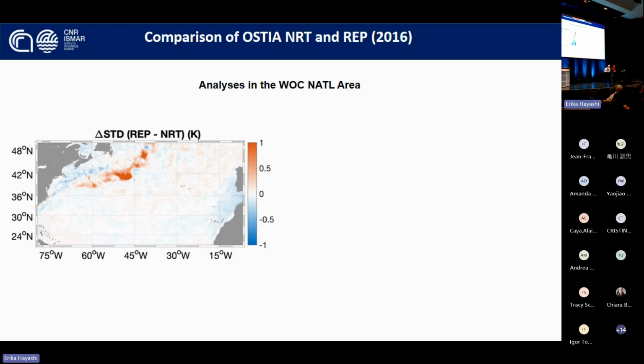Here, I present the temporal variability, as a difference of the temporal standard deviation between the two level 4 SSTs, and you can recognize a much larger signal in correspondence of an active dynamical area, again, at the axis of the Gulf Stream, with differences of about 1 K in this area.